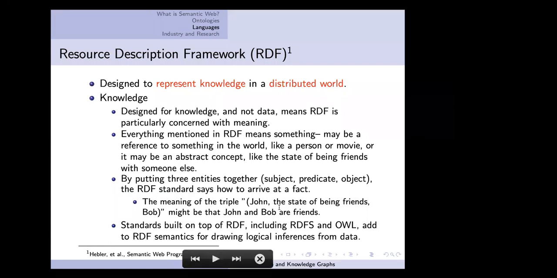So, for example, we could say that John is a friend with Bob, which would connect the two nodes, John and Bob, in the graph with a predicate that would tell us more about the relationship between those two. So we have different standards that I'm going to explain as well, but all of them basically are building on RDF. So RDF is the format that we use for knowledge graphs and to construct this graph structure of knowledge that we then want to work on further.